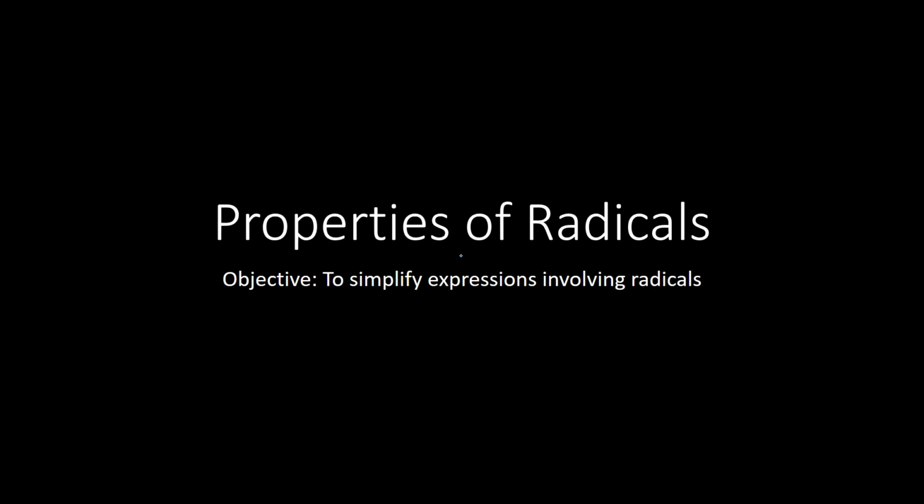In this lesson, you will learn to simplify expressions involving radicals. Now, to simplify radicals, for example, the square root of 2 times 2 times 2, I can look at the index of the radical. The index is an assumed 2 if it's not written.